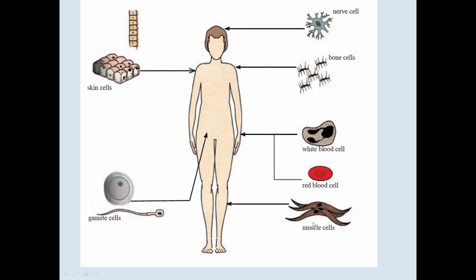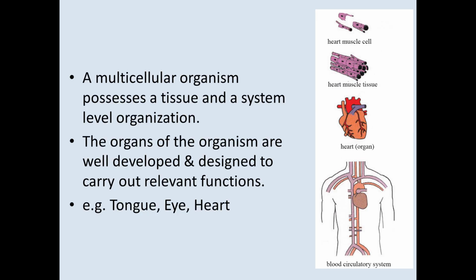Then various organs like kidney, the liver, your stomach, the skin, then the various kinds of systems in your body and the whole organism. Dear children, a multicellular organism possesses tissues and systems level organization.